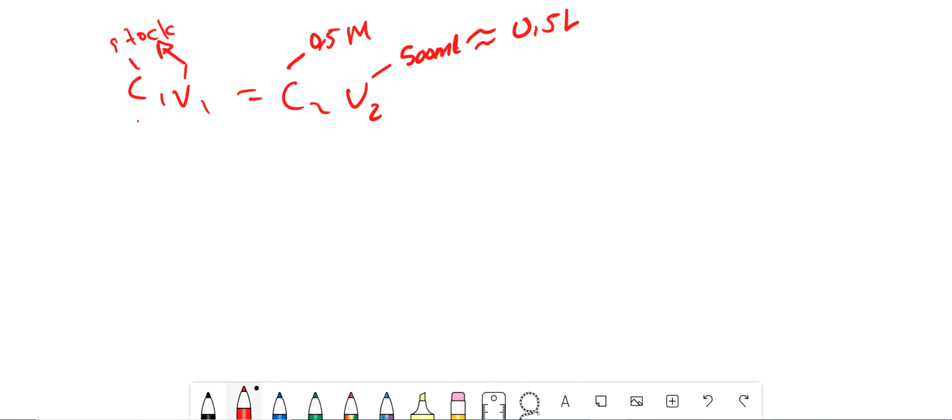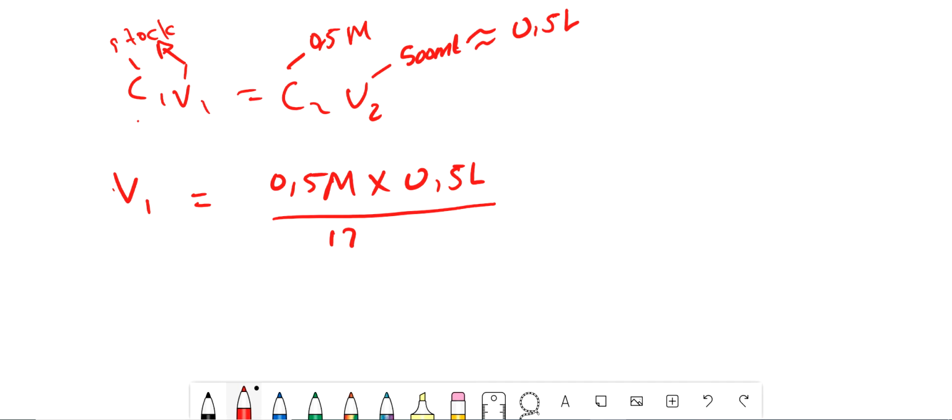All right, so in this case, we'll calculate our V1. V1 will be equal to 0.5 molar multiplied by 0.5 liters, I already converted it, divided by 12.16 molar, and our V1 will be equal to 0.020 liter, which can also be converted to milliliters.